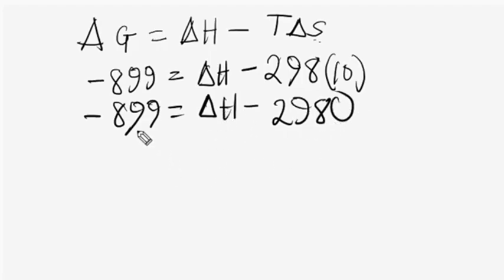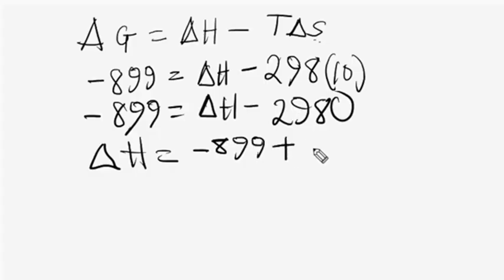So in order to make delta H the subject of the formula, we are going to have delta H to be negative 899 plus 2980.